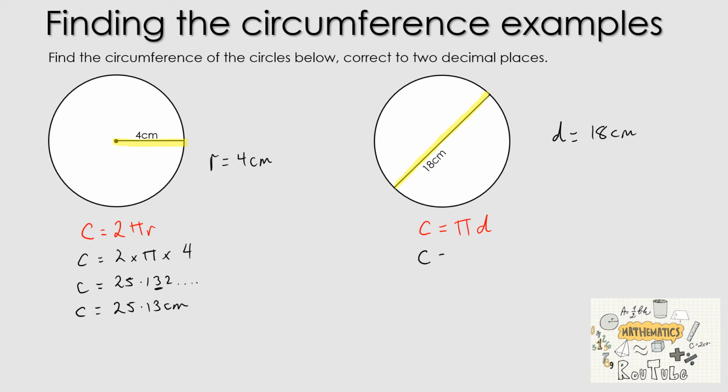In this case, C equals pi multiplied by the diameter in the question. So we're substituting the value from the question into the formula. And then once we do that, we're going to get an answer that looks like 56, not 54. Let's just erase that. It should be 56, not 54.